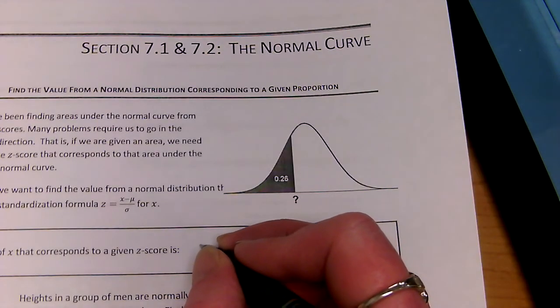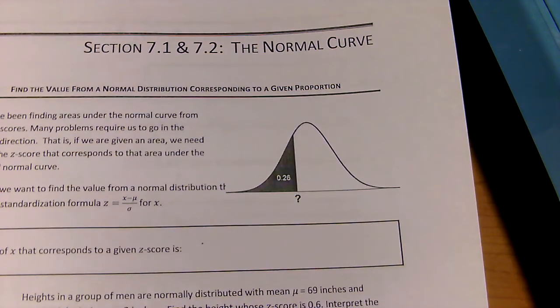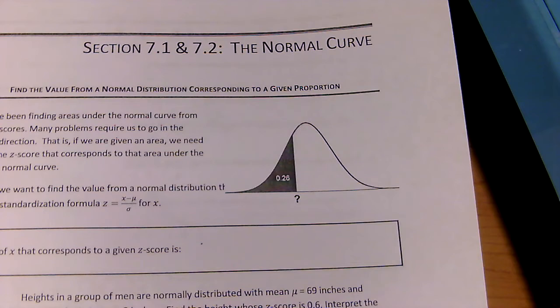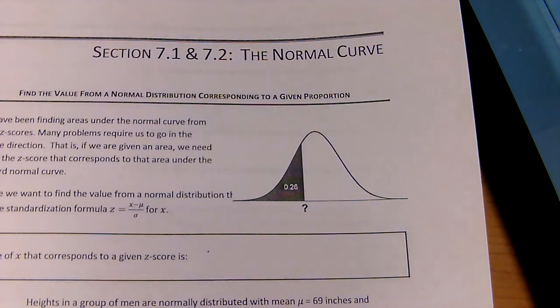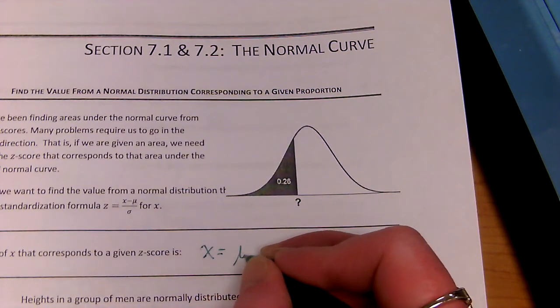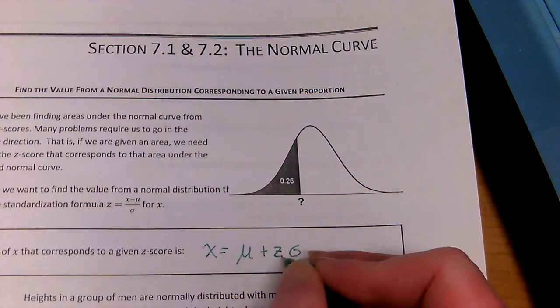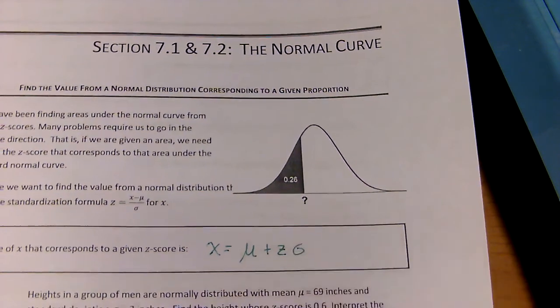So we already know how to convert to a z-score. We're going to be going backwards. The formula would be mean plus the z-score times the standard deviation. So you're adding however many standard deviations to the mean.